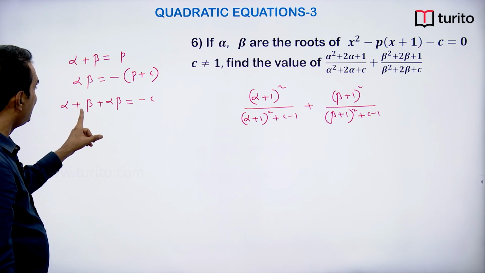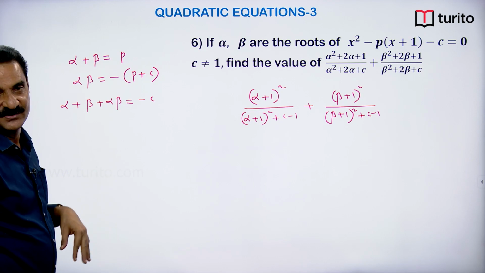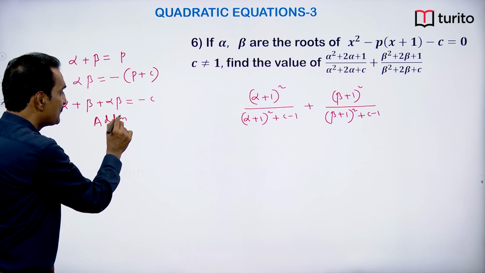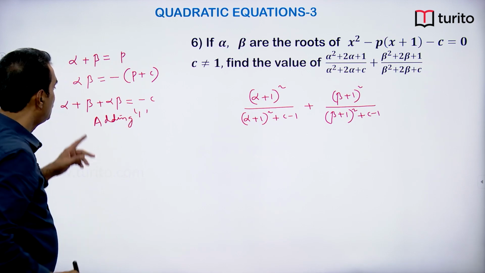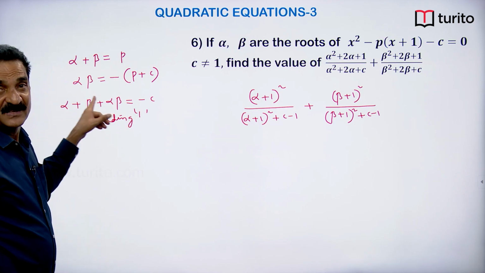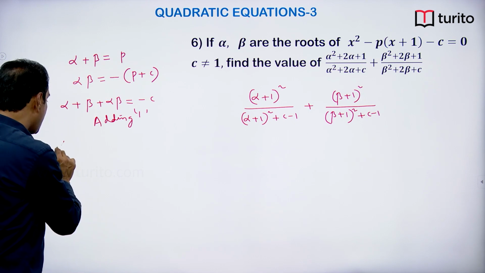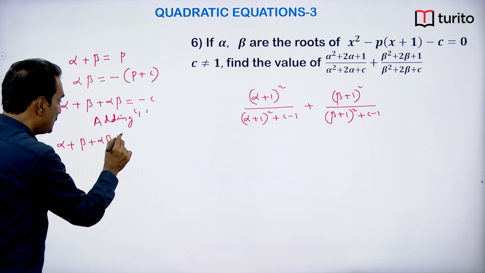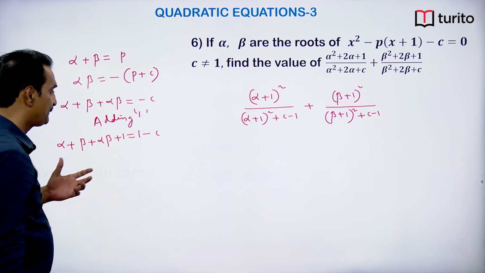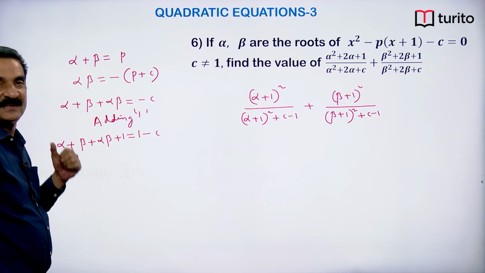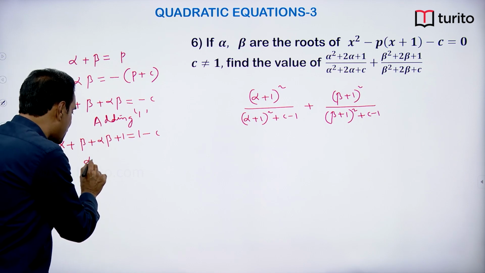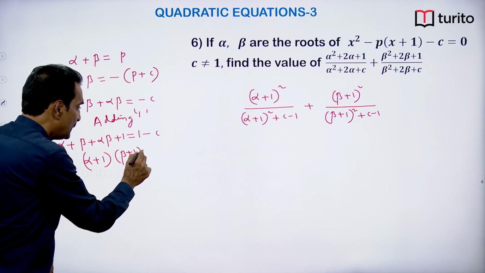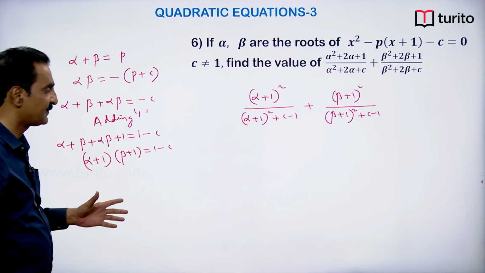If you observe, adding 1 on both sides, alpha plus beta plus alpha beta plus 1 is equal to 1 minus c. You can factorize this as alpha plus 1 into beta plus 1 is equal to 1 minus c.